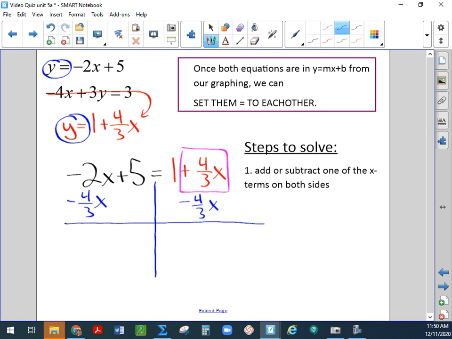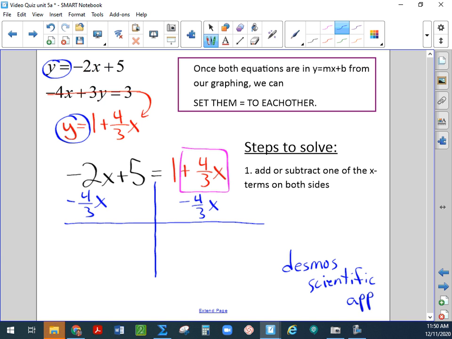So on the left-hand side of the equation, I need to take negative 2 and subtract 4/3. This is where you either need to have a calculator or download the Desmos Scientific Calculator app onto your phone so that you can actually work with fractions.